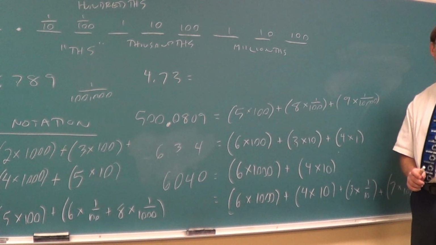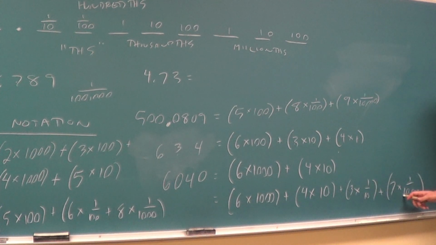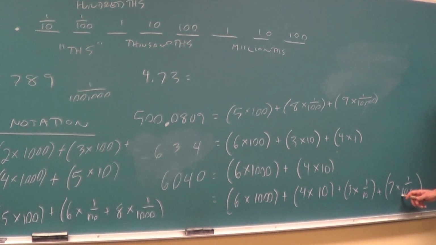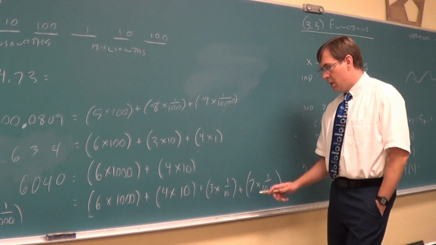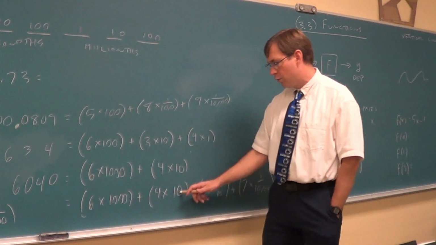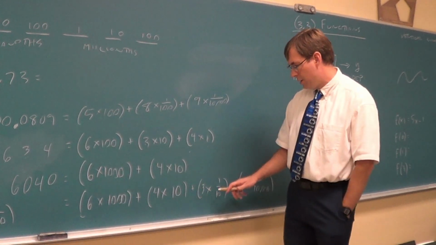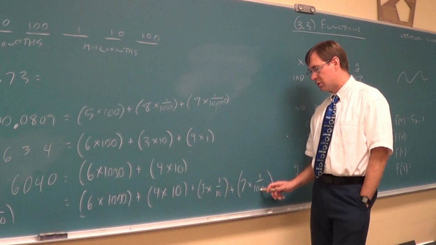Question about that one? Okay, for the first time going in reverse, I broke out fractions. Can we still see me to here? Okay. So we want 6 in the thousands, 4 in the tens, 3 in the tenths, 7 in the 10,000ths.